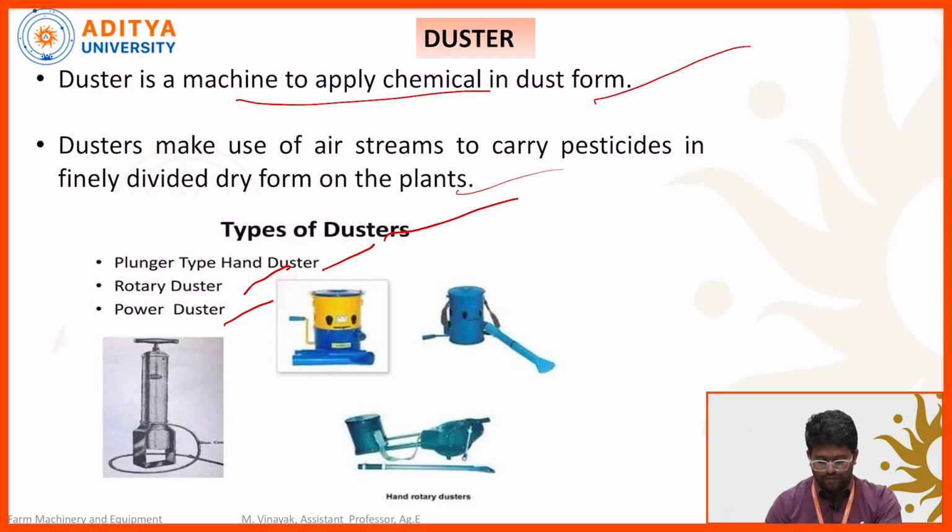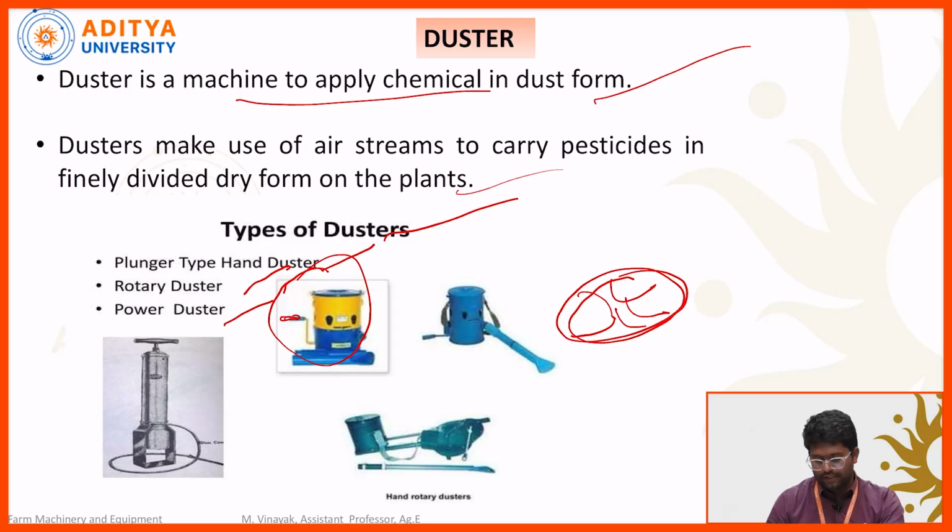This one is a rotary type duster. Here a handle will be provided, and one disc will be provided. This disc consists of a set of blades. On top of the blades we are providing the hopper for holding the chemical powder.